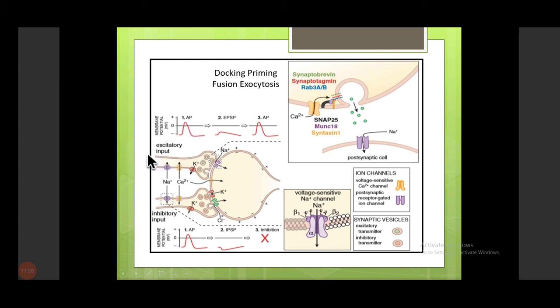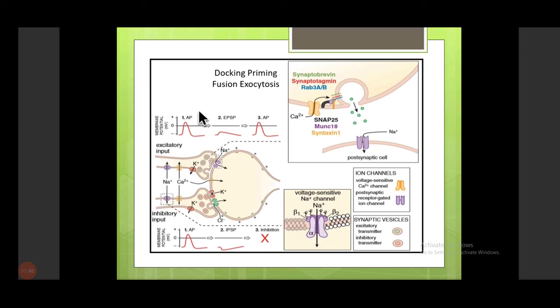So when an action potential comes through the axons, the excitatory input, it leads to the generation of an EPSP. EPSP is nothing but excitatory post-synaptic potential. This is just to familiarize you with the concept.